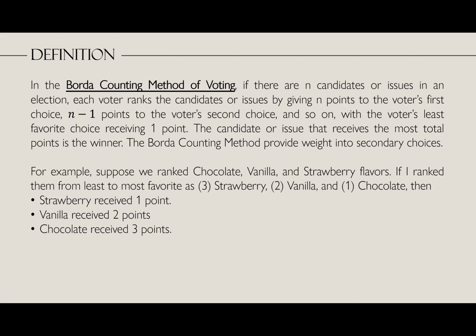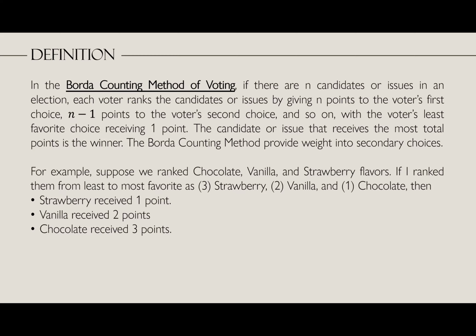So the way that we are going to do this is that we give those points based on their placement, and then whoever has the most amount of points is the winner. In other words, this gives weight into your second choice, or your third choice even. The key word here is the person with the most points is the winner, not the person with the most first place votes. So this is a little bit abstract.